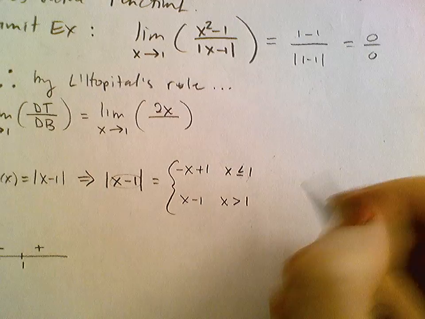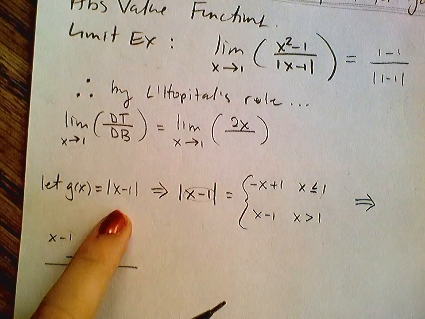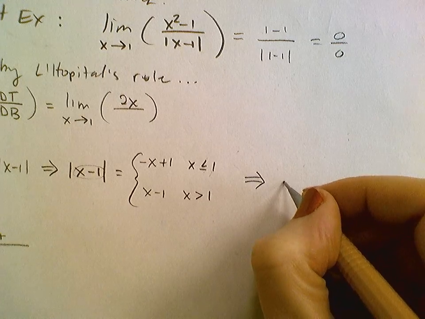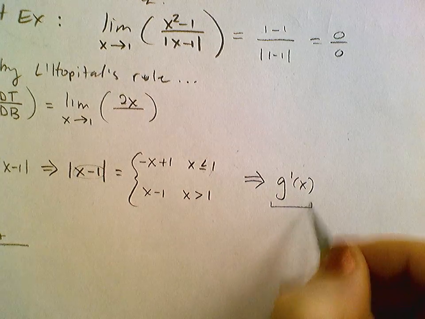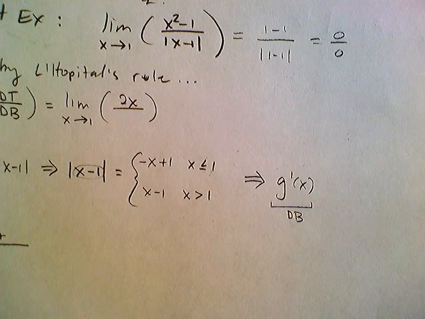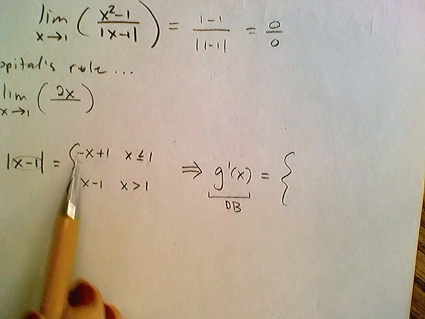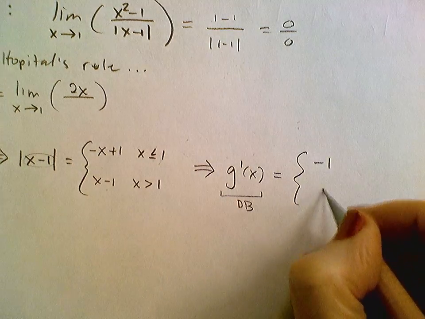If I let g of x be the absolute value of x minus 1, then g prime of x, the derivative of the bottom, is negative 1 for the first piece and positive 1 for the second.